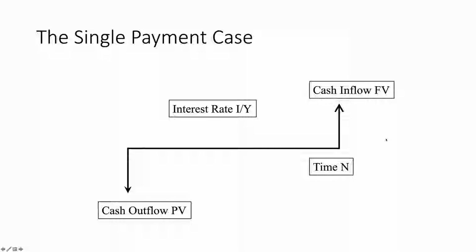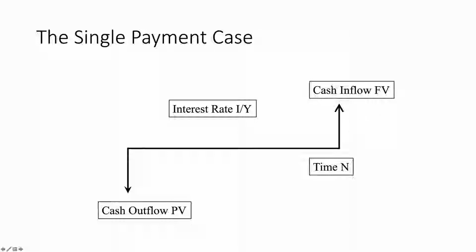Now, in my teaching, I always use the following single payment case as our starting point. The horizontal line represents the timeline. Here is 0, here is n, the number of periods. The initial cash outflow, I'm using a downward arrow, which represents present value.